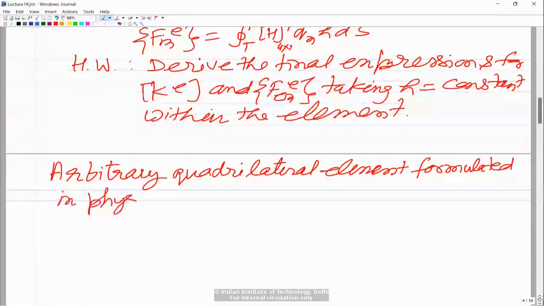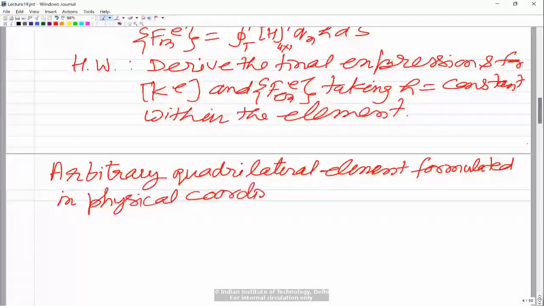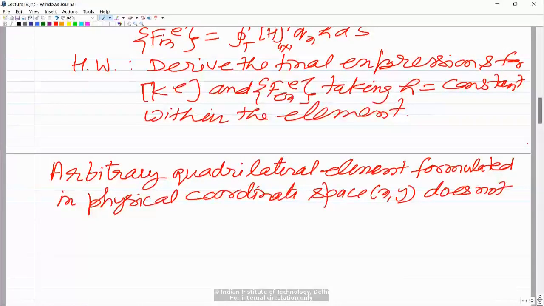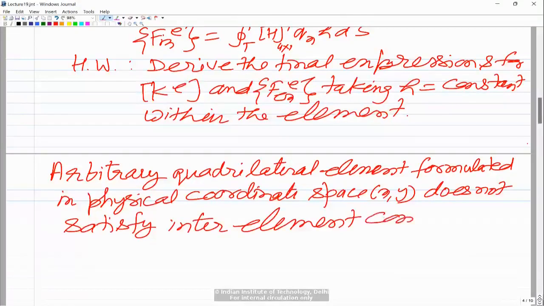When I say this, the approximate solution is assumed in terms of physical coordinates, that is in terms of x and y. So it does not actually satisfy inter-element compatibility.